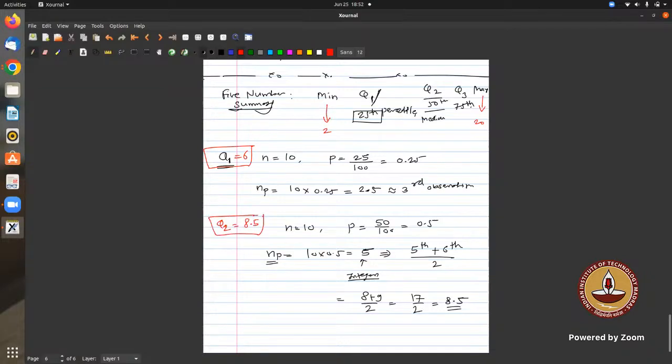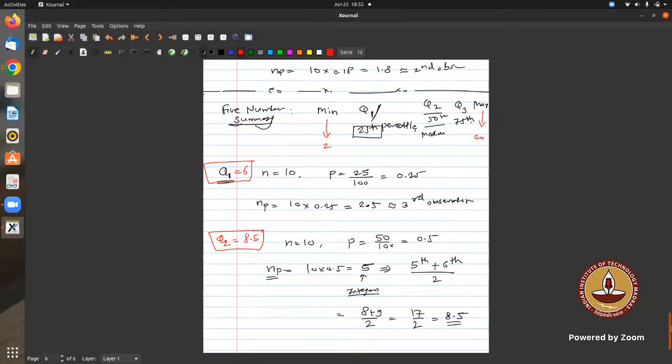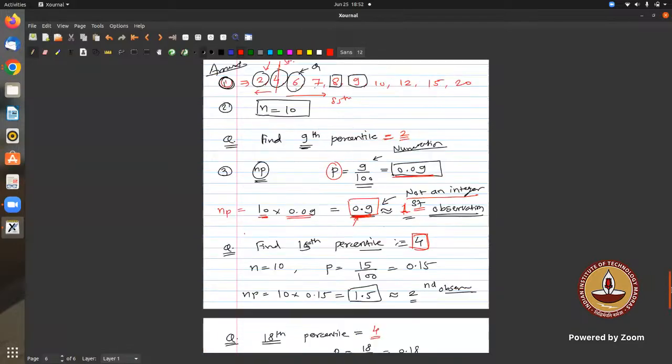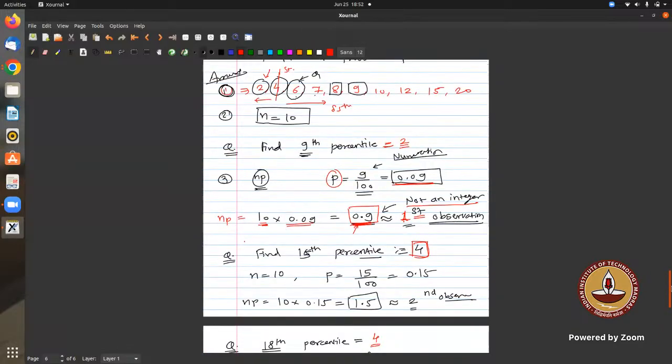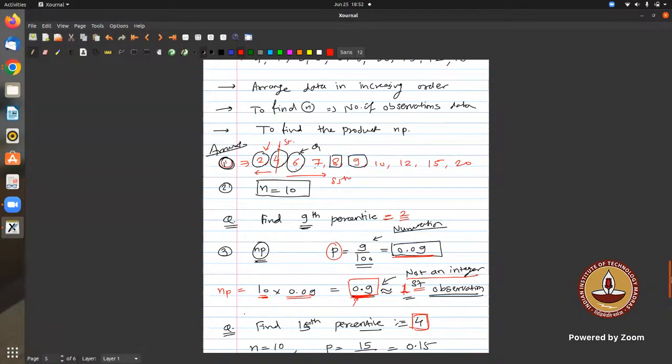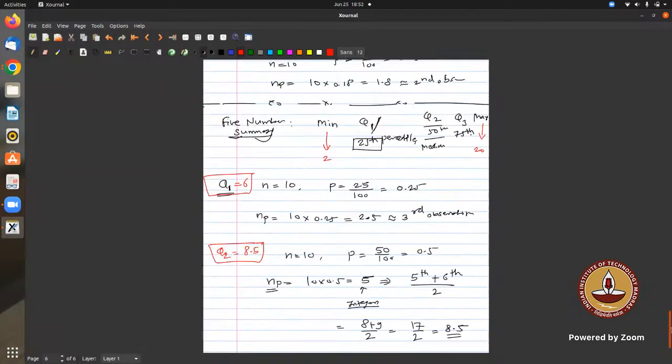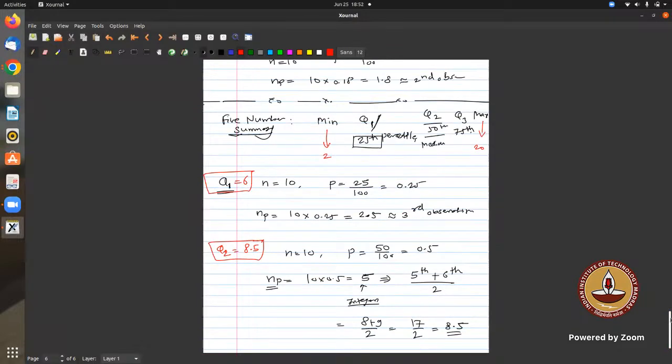You can observe that this 8.5 is not in the data set, but still it is the value for Q2. This is a central tendency. What does that mean?